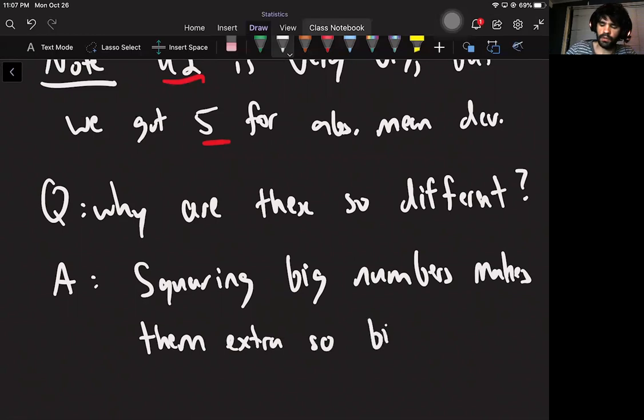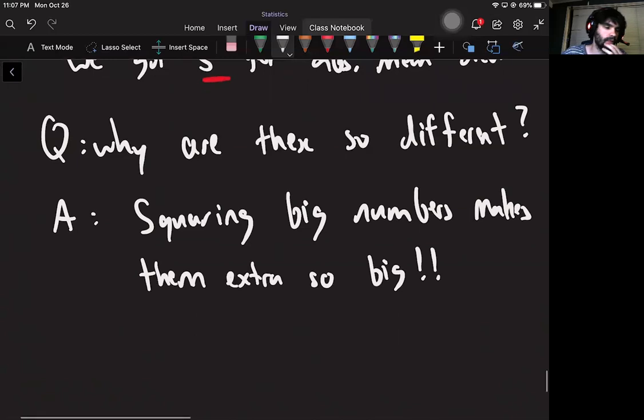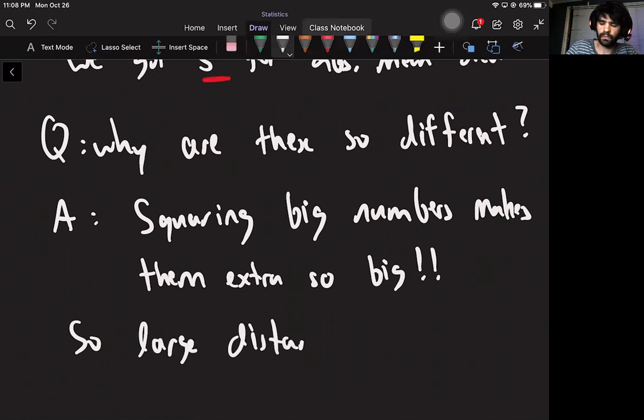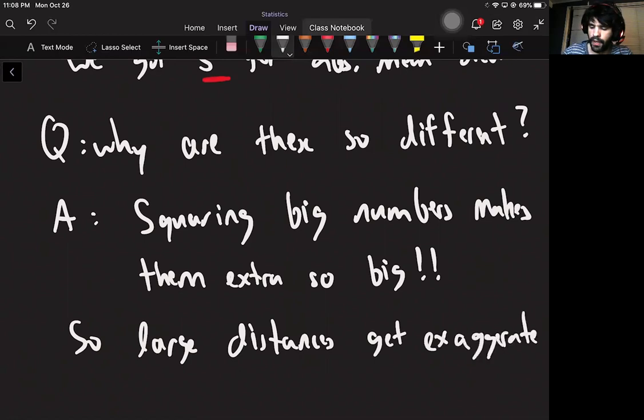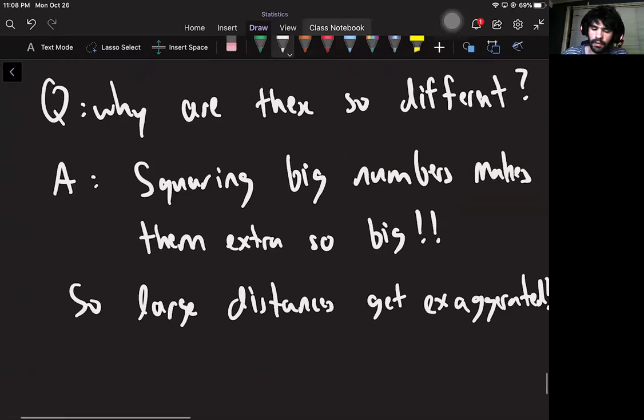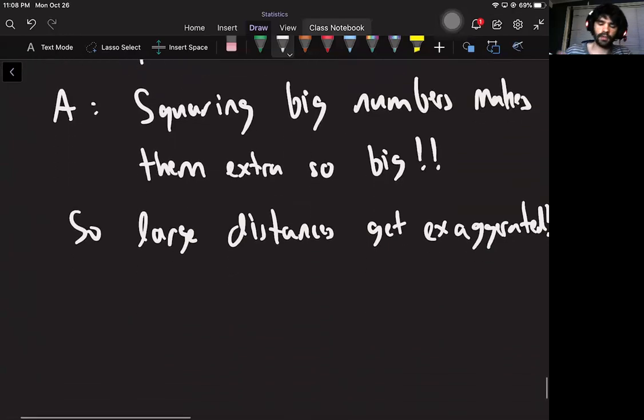So what variance will do is exaggerate big distances. So large distances get exaggerated. And what this means is variance is not so good when you have big distances.